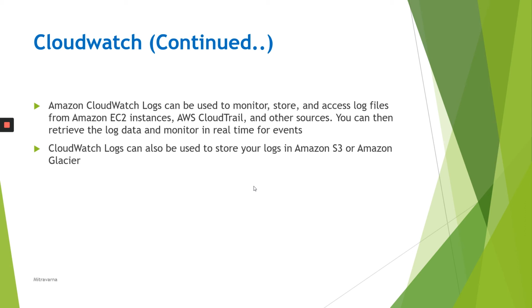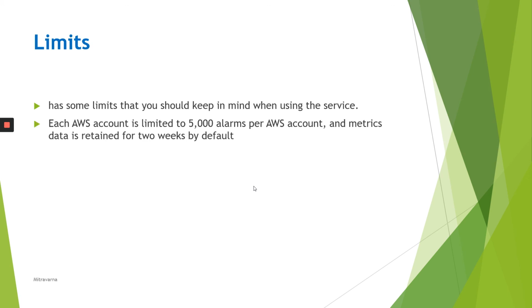S3 is nothing but the storage part. As of now, just remember that S3 is the storage part. Normally in an organization, we have a shared drive, a network drive, and a storage area network, and all those will come under S3 in Amazon. So we can move the logs into either Amazon S3 or Amazon Glacier.